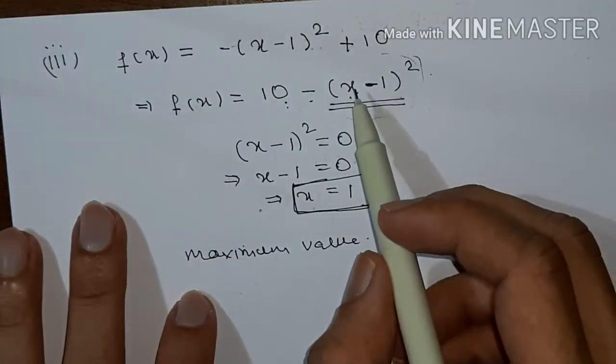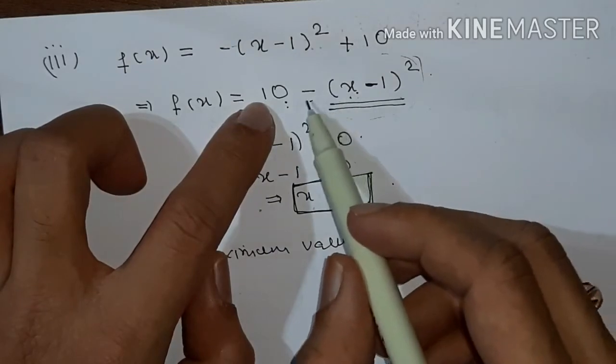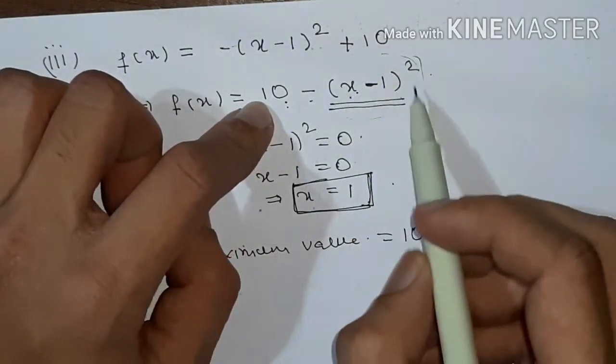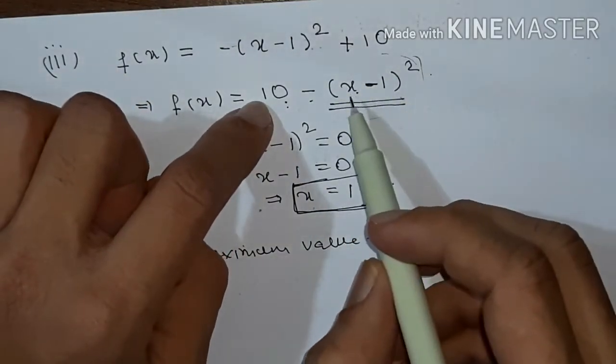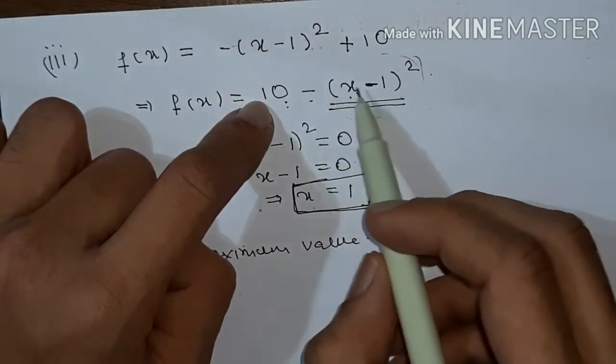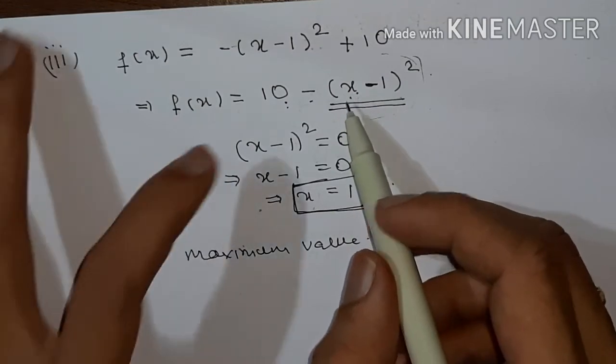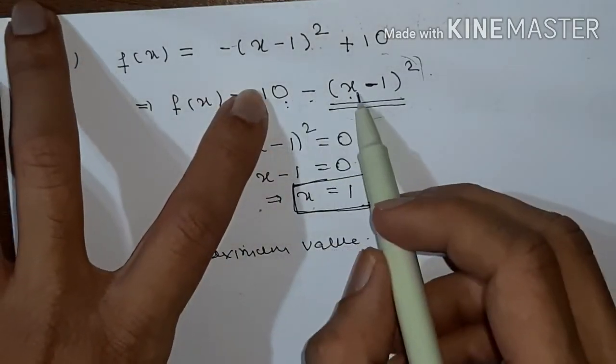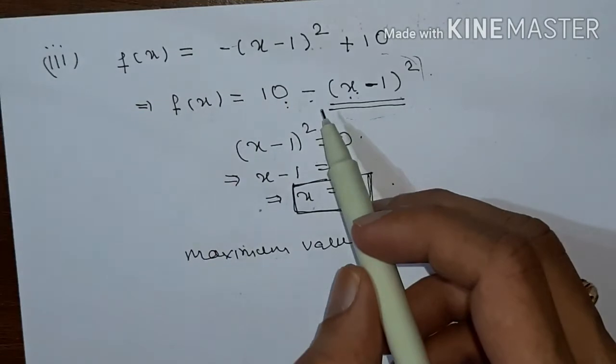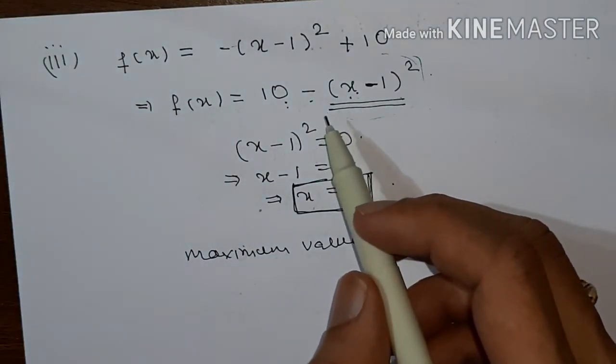Now 10 minus the quantity which is decreasing. Say for example you have 10 minus 200, what you will get? Minus 190. Or suppose this becomes minus 300, so 10 minus 300, that is minus 290.